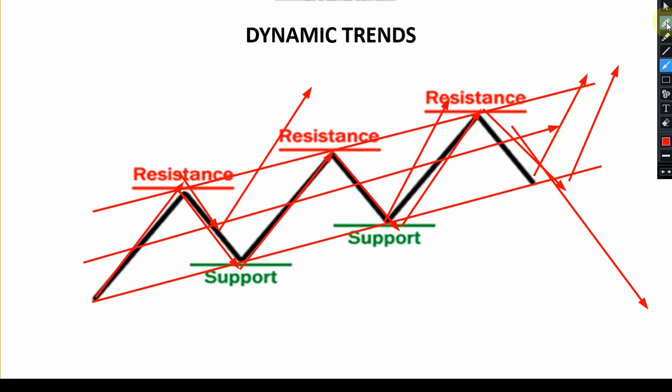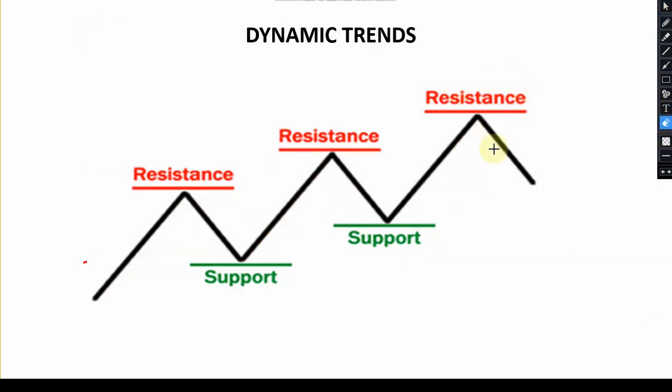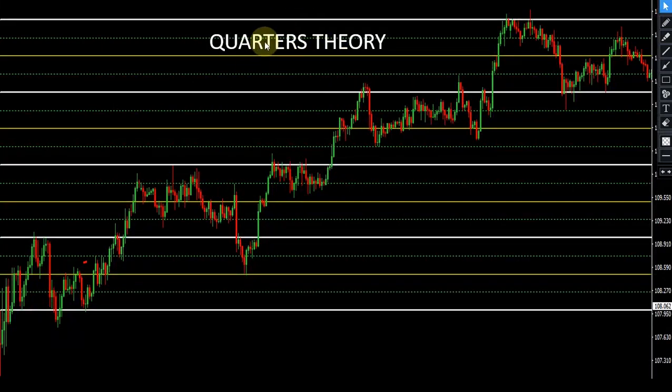So in today's video lesson, we are going to look at the quarters theory. Now, how does quarters theory work? Quarters theory lets us understand that the market tends to move in 1000 pips.